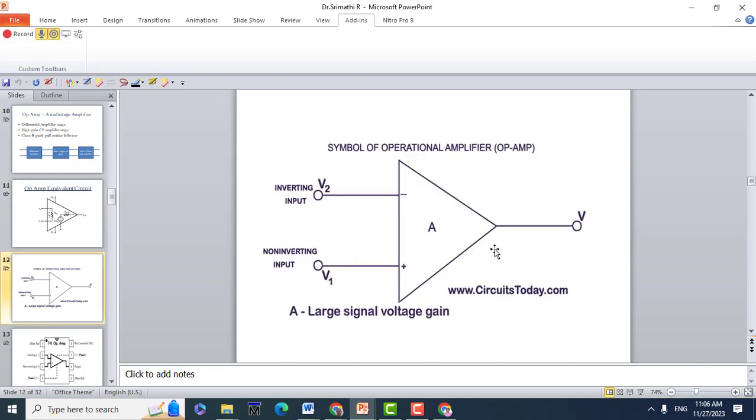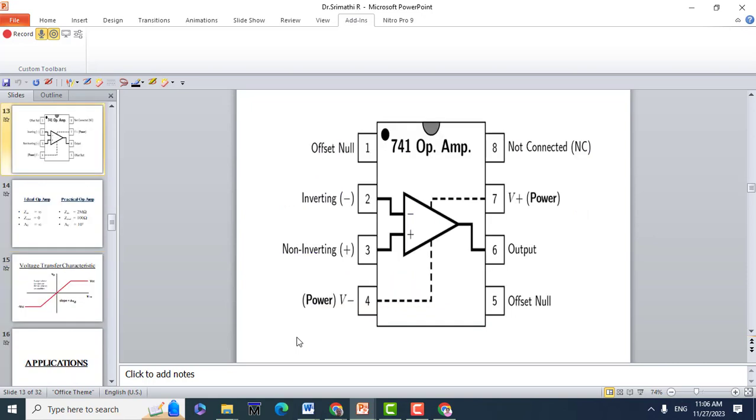So the circuit symbol of the operational amplifier has an inverting input and a non-inverting input with a gain of A, and you will get the output voltage V. A is said to be the large signal voltage gain. As we have discussed already, this is an 8-pin IC that we are going to discuss throughout. Pins 1 and 5 are offset null, to nullify any difference in input voltage or output voltage we are getting.